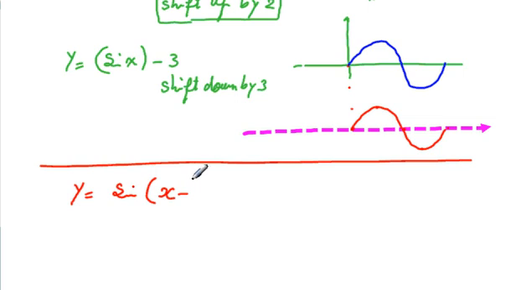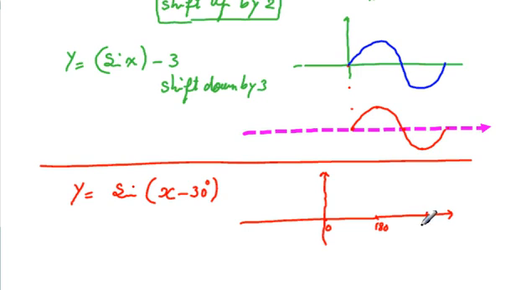So let's try both ways. Suppose I say x minus 30. Understanding is that you're dealing with degrees. If you're dealing with degrees, let's draw the whole picture in degrees. In degrees, we go through 0, 180, and 360 to make a complete cycle.